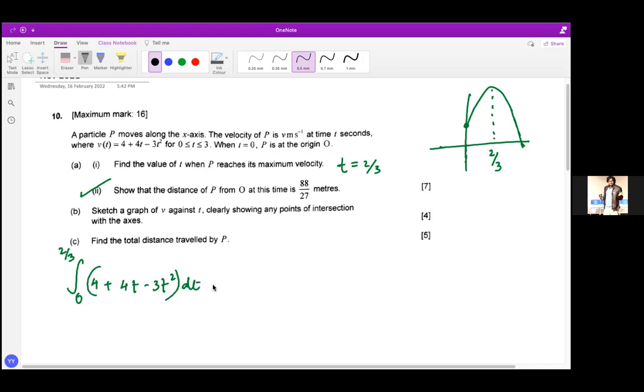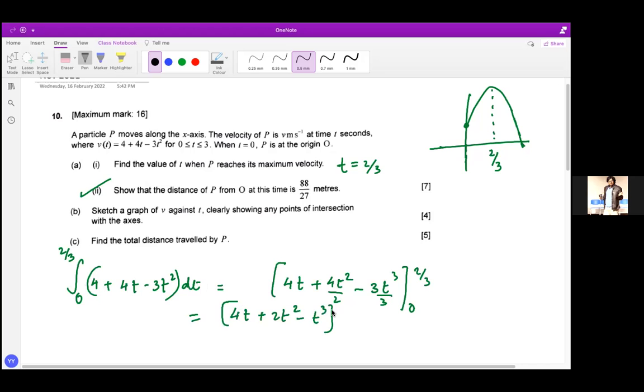If I integrate this, it'll obviously be 4t plus 4t squared over 2 minus 3t cubed over 3, and you put the limits 0 to 2/3. So this is going to become 4t plus 2t squared minus t cubed, and then you put in 2/3 and 0.